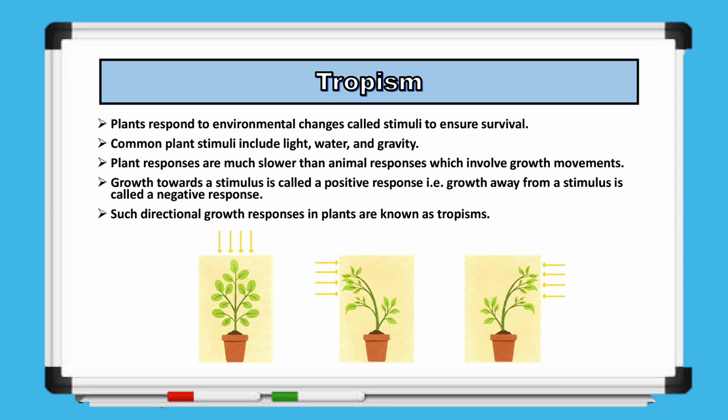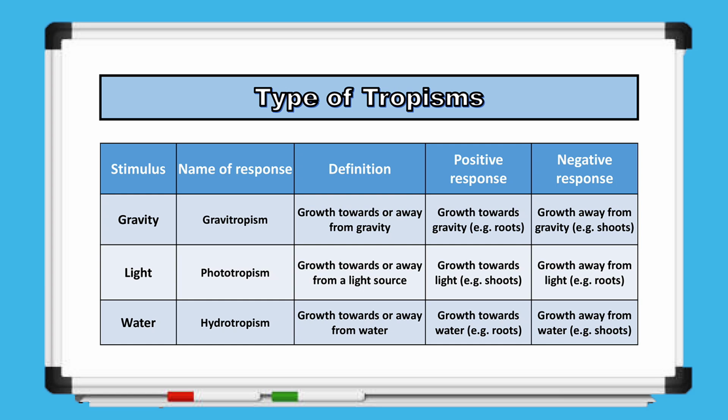On the other hand, when a plant grows away from a stimulus, it is referred to as a negative response. These specific, directional growth movements shown by plants are known as tropisms. In simple terms, tropisms describe how plants respond to environmental changes, coordinate the growth accordingly, and adapt to their surroundings to ensure survival. Now, let's look at some examples of tropism for a clear understanding at a basic level, with the help of this explanation.